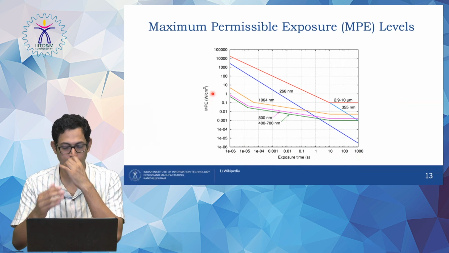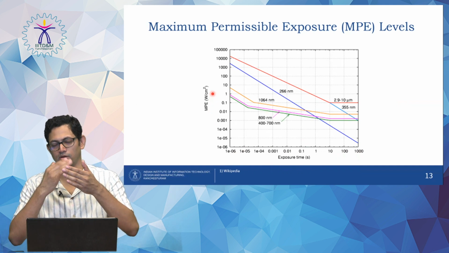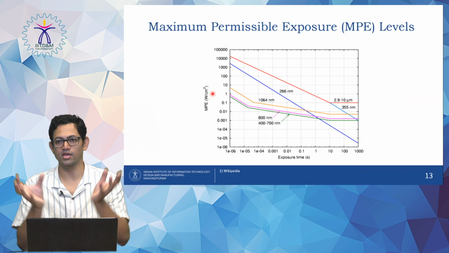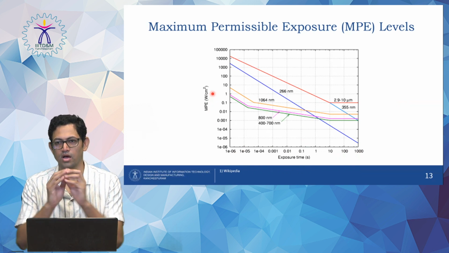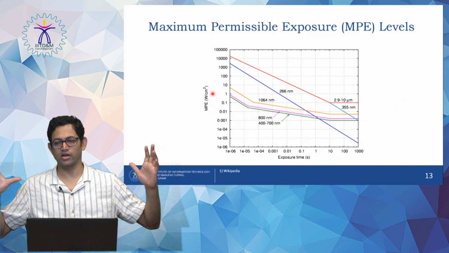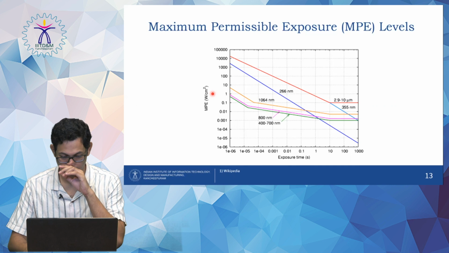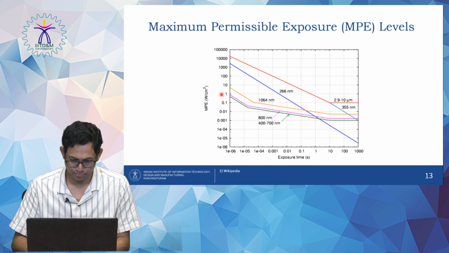So it's just a ratio of power, as you discussed some time back, with the denominator as the area you are shining the light on. So, smaller the area, higher is the MPE. Larger the area that you are shining the laser light, smaller is the MPE, right. Or exposure levels. Okay.